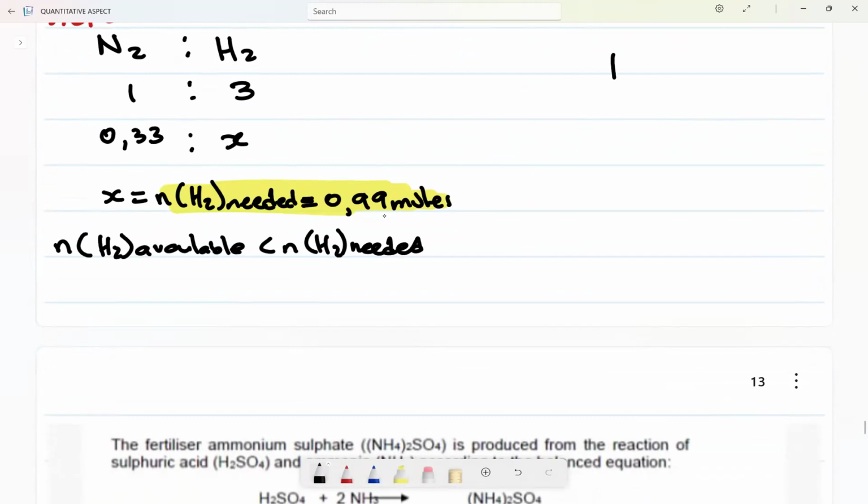So let's say maybe H2 available is 3 rand and they want 5 rand. Can you see that the one that we have is less than the one that they want? So it becomes a limiting reagent. Therefore H2 is a limiting reactant or reagent. Even if you say reagent, it's still correct.